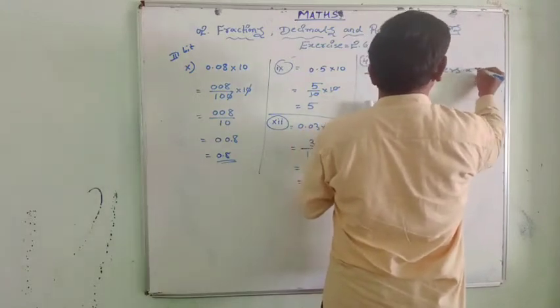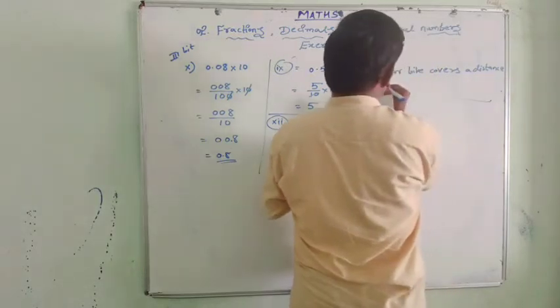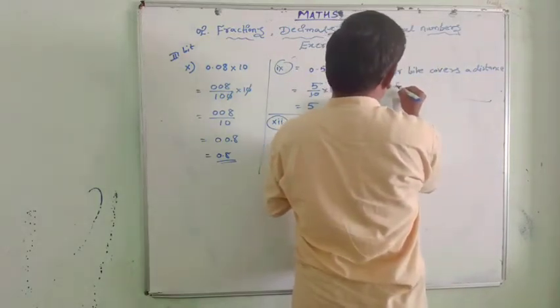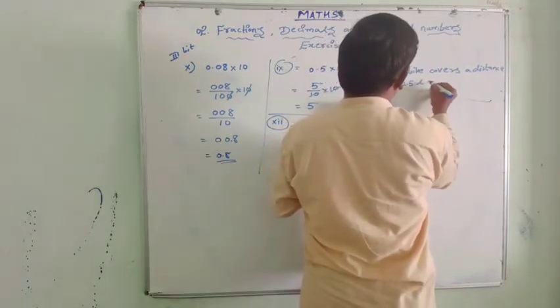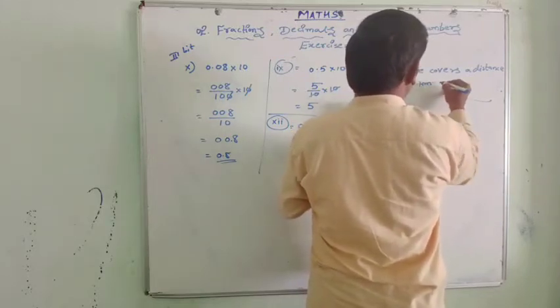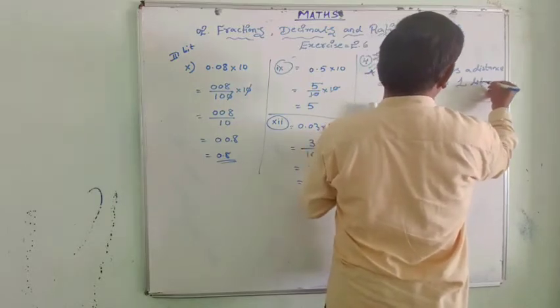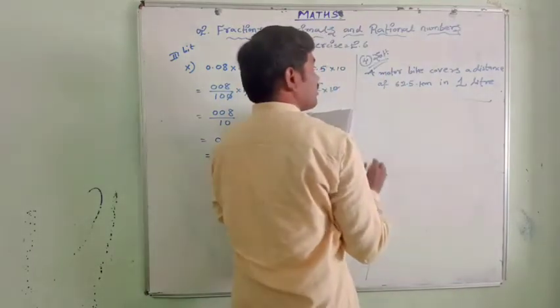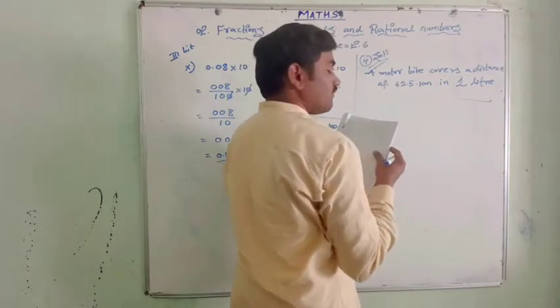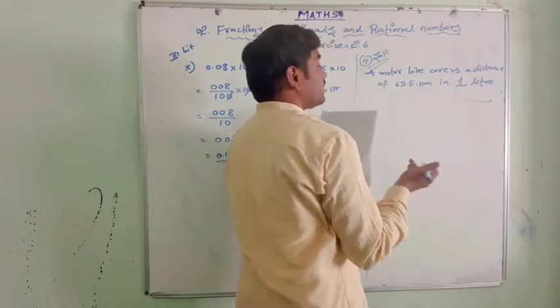covers a distance of 62.5 kilometers in 1 liter of petrol. Then how much distance will it cover in 10 liters?